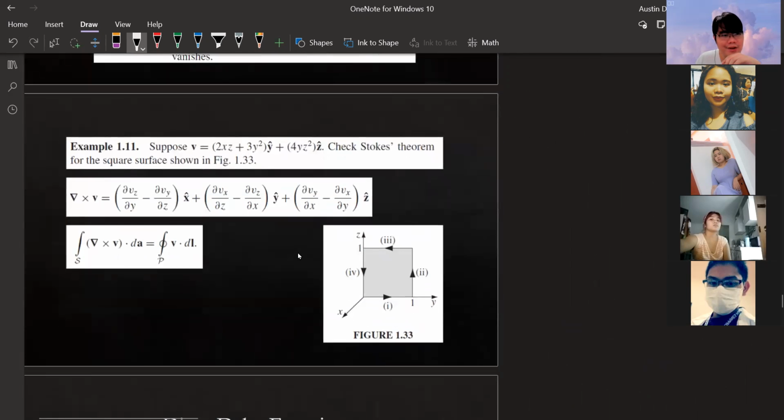Okay, so let's continue. Example 1.1 sa libro nyo. Okay, check natin si Stokes theorem for this vector. For the square surface shown in figure 1.33. Okay, so ito yung figure 1.33 and gagamitin daw natin itong surface na to. Okay?